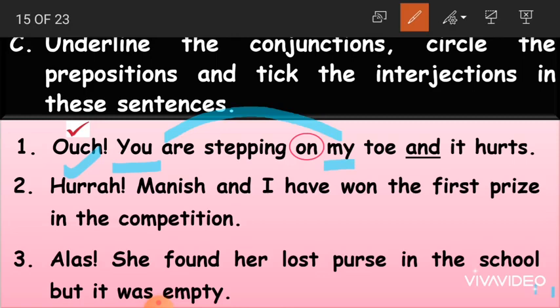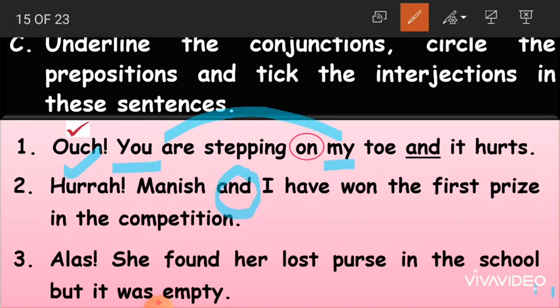What is and? Here again we are having a noun and a pronoun. Manish is a noun and I is a pronoun. So and is the conjunction because it is a joining word. Manish and I have won the first prize in the competition. Where did they win?